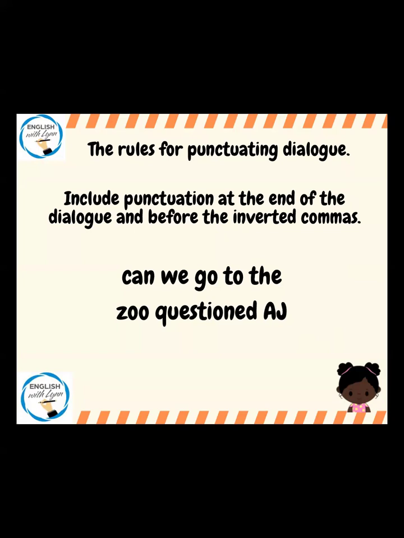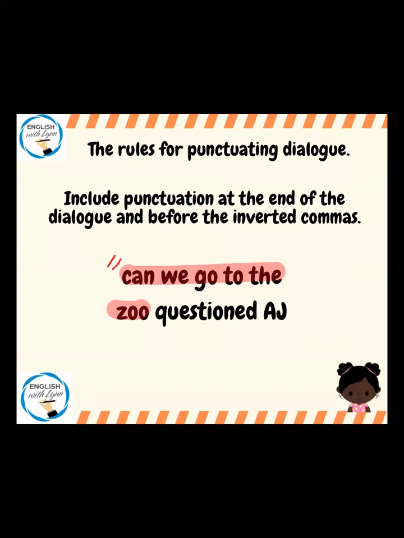"Can we go to the zoo?" questioned AJ. So the bit that is being spoken, let me have a look. What is AJ saying? AJ is saying, "Can we go to the zoo?" Let me put my inverted commas in first of all, because they are the easy bits to put in.